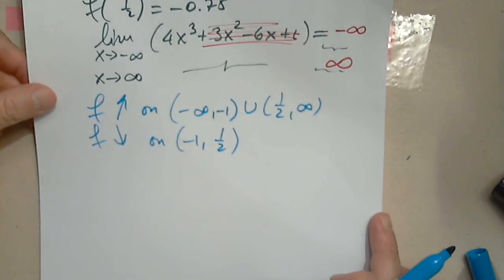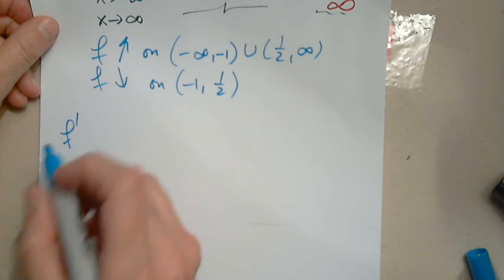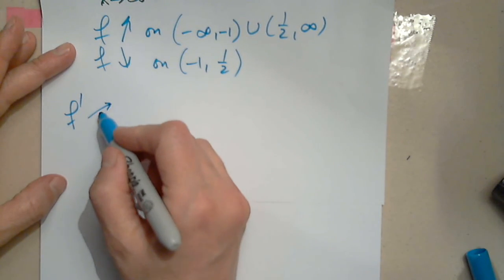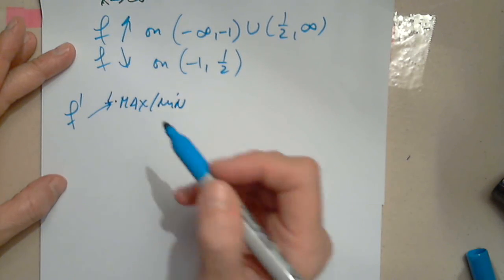Okay. We know what the first derivative is telling us about a function. It gives us local max, local min.